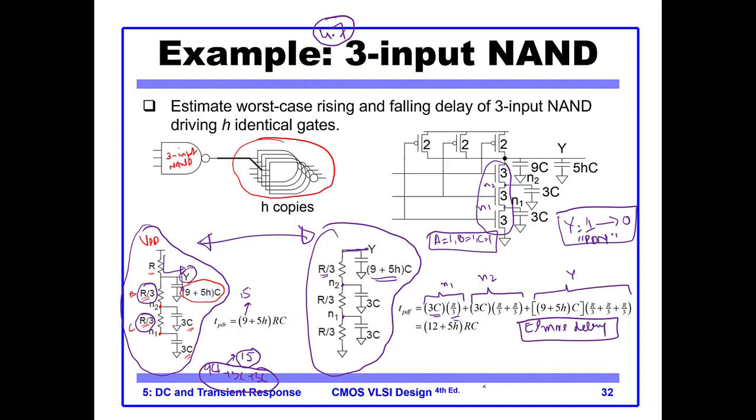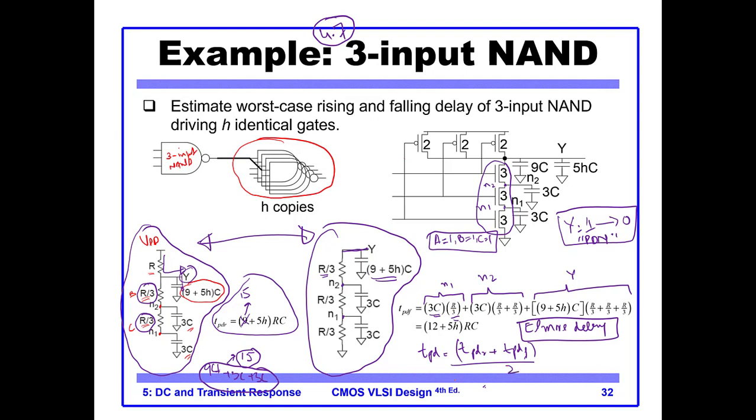Here it was 15C, so this was the correction. Okay, so this is TPD rise plus TPD fall. If you want the overall TPD, the overall TPD is the average of TPD rise plus TPD fall. It is the average of this.